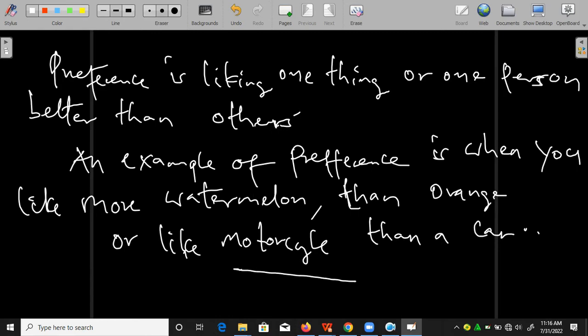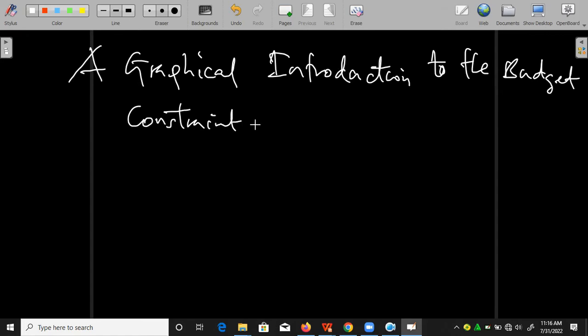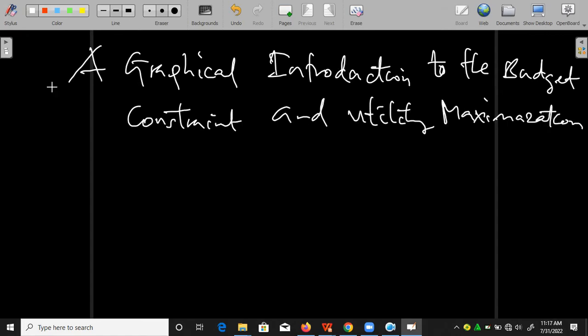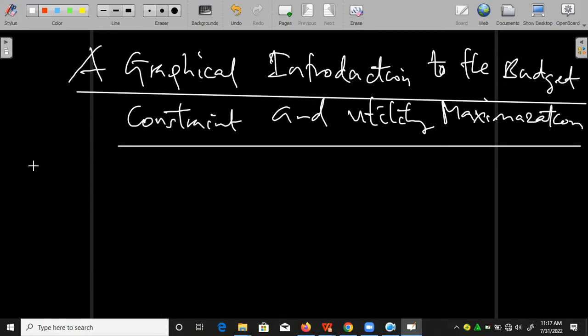Let's look now at a graphical introduction to the budget constraint and utility maximization. You need to understand that normally a person will maximize utility subject to their budget constraint.